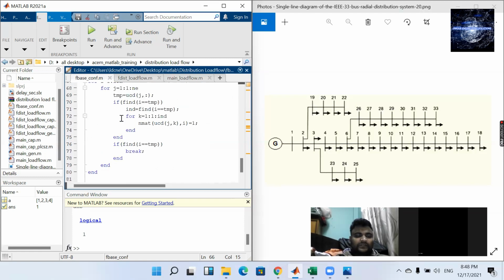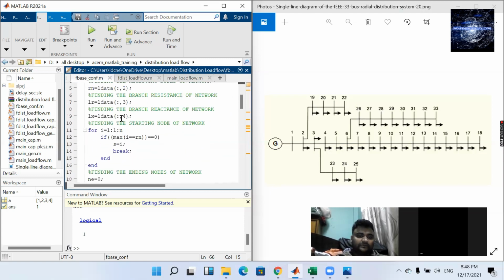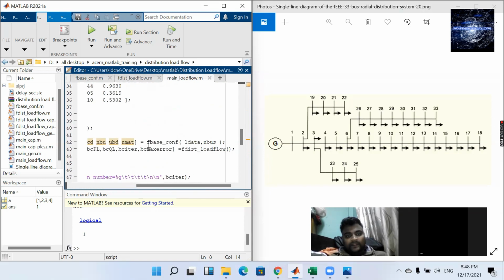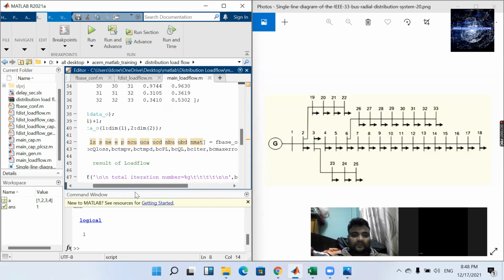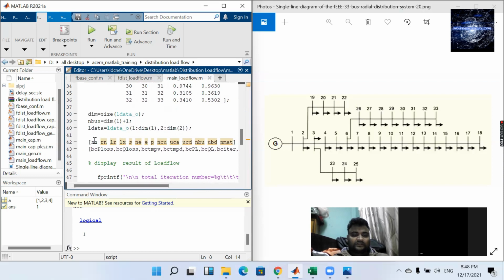I think this will be the end of the base configuration. After that, distribution load. After calling this base configuration, this function will get these things: sending end node, receiving end node, that is line resistance, line reactance, starting node, number of end nodes, precedence node, number of components, how many buses are used in the lateral, how many branches are in the lateral, and another NMat.